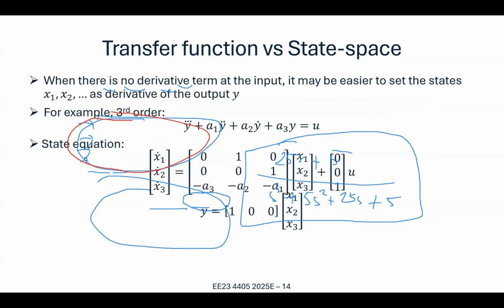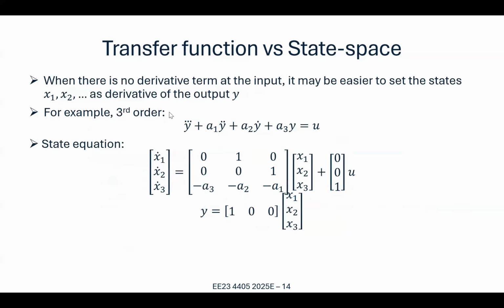Right, so when there is no derivative term at the input, it may be easier to set the states x1, x2, and others as the derivative of the output y. So this is one of the forms of the state space representation.